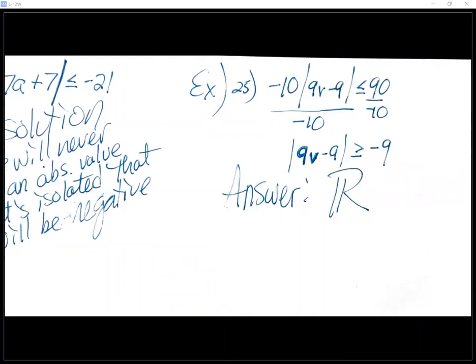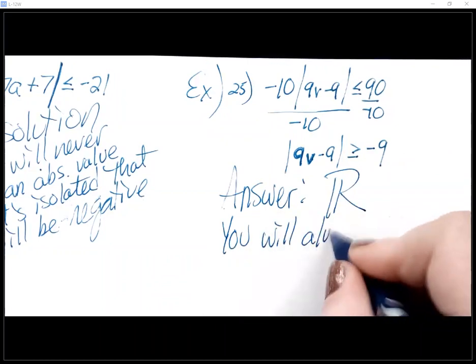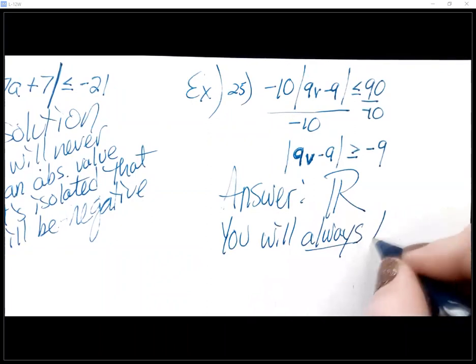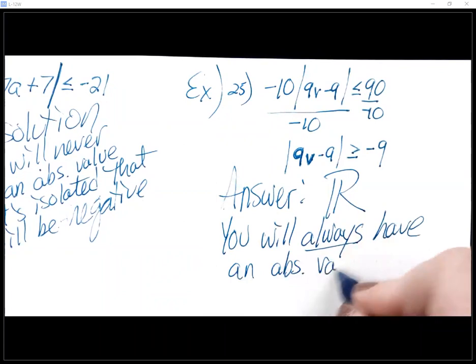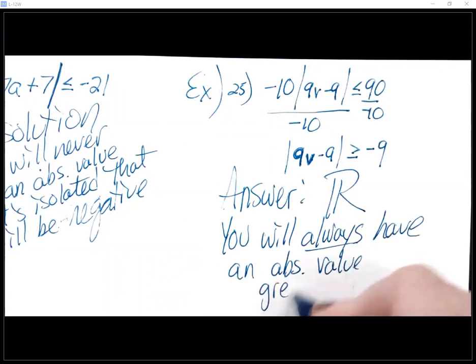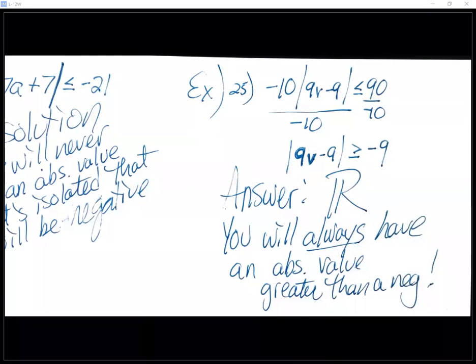You will always have an absolute value greater than a negative. Isn't that something? Those are the rare cases. Most of the time you just get a normal answer.